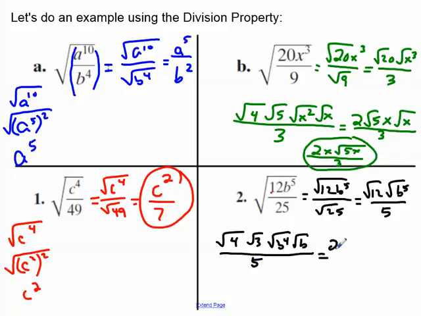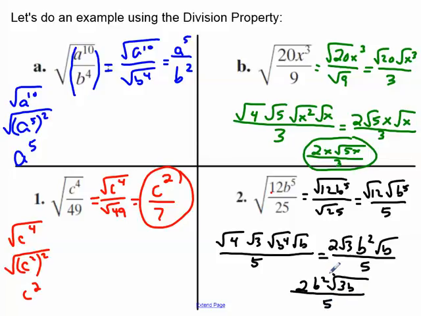That becomes 2 square root 3, and the square root of b to the 4th power is b squared, square root b over 5. Combine everything that's outside the house. I got 2b squared square root 3b in my numerator over denominator 5, and I'm done.